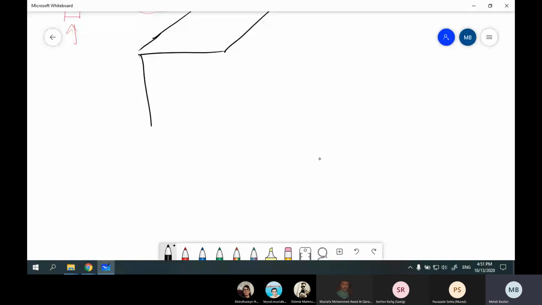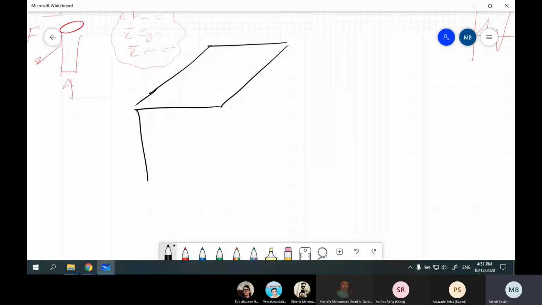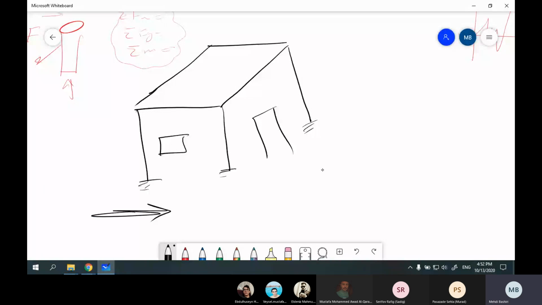For example, this is our building. And as I said, we have a ground acceleration like this, AG. The weight of the building, where is the massive part of the building?